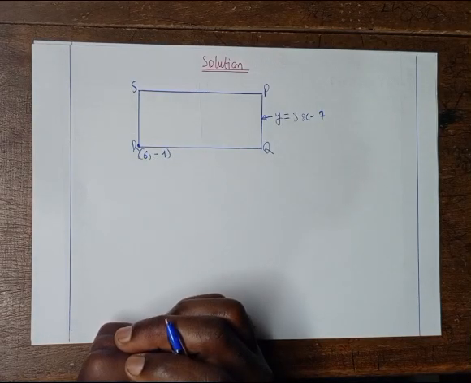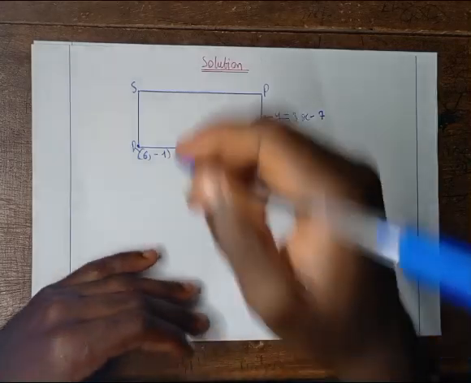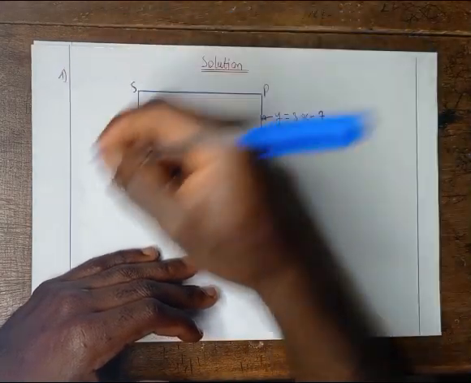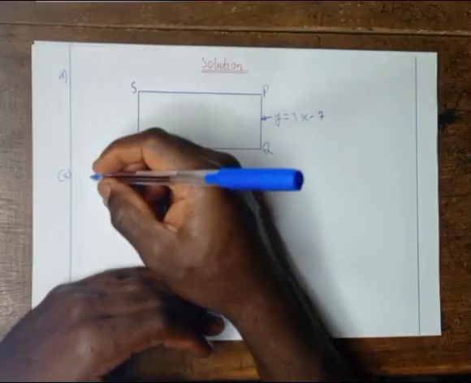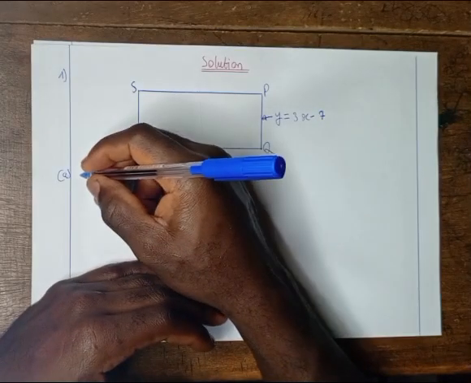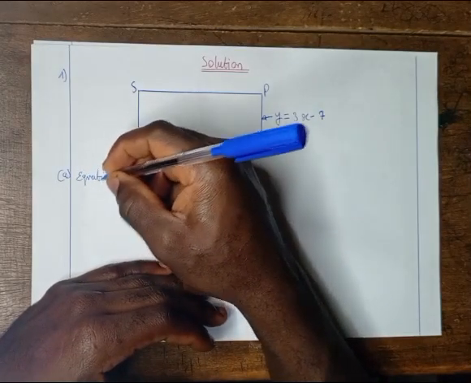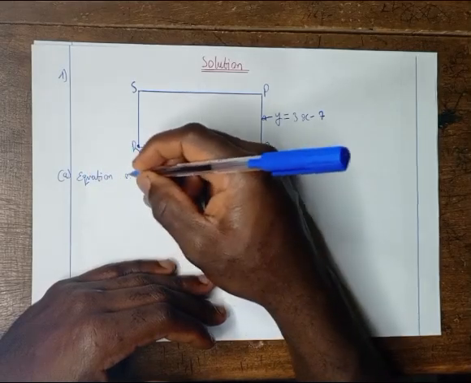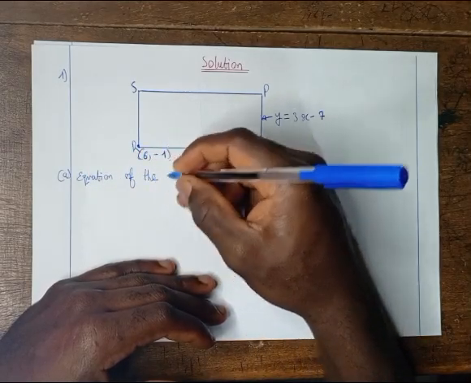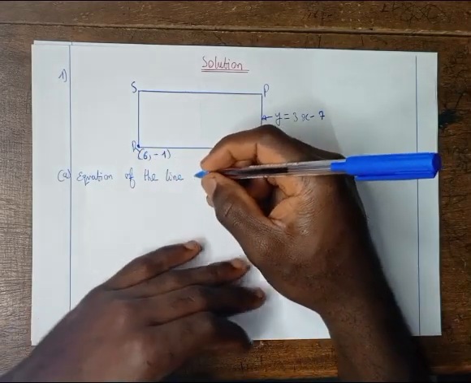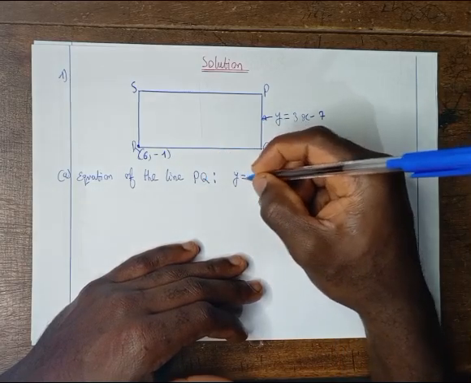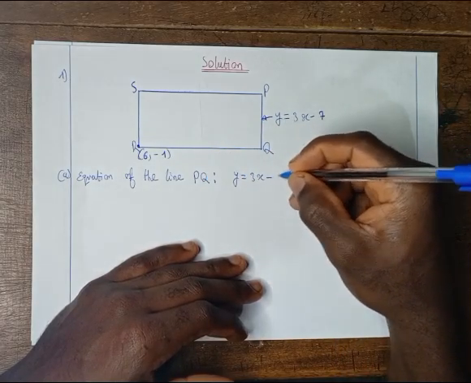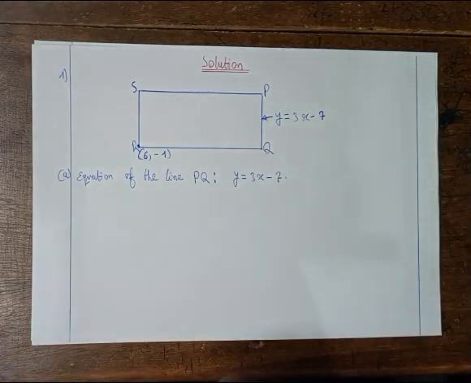So now we have to find the gradient of the lines PQ and QR. This is question 1. We should find the gradients of the lines. We know the equation of the line PQ is y equal to 3x minus 7.